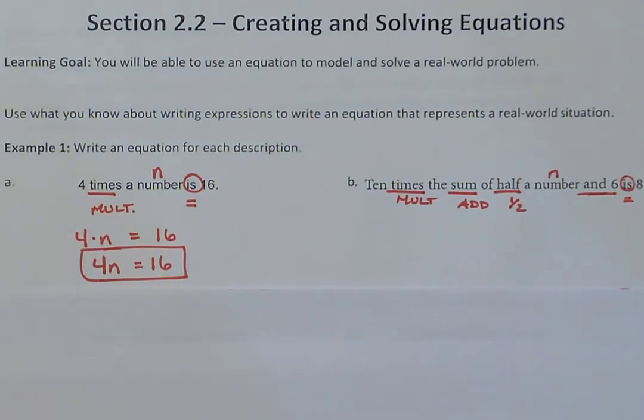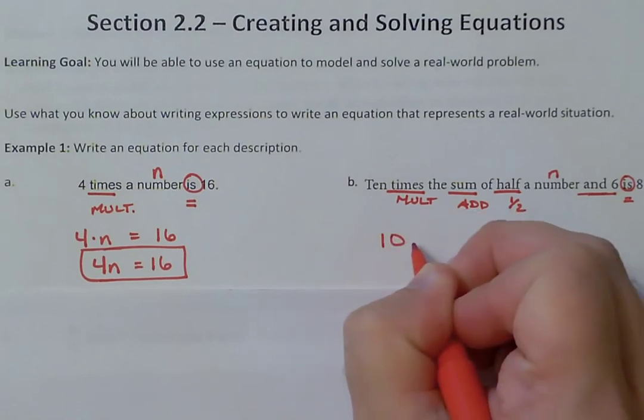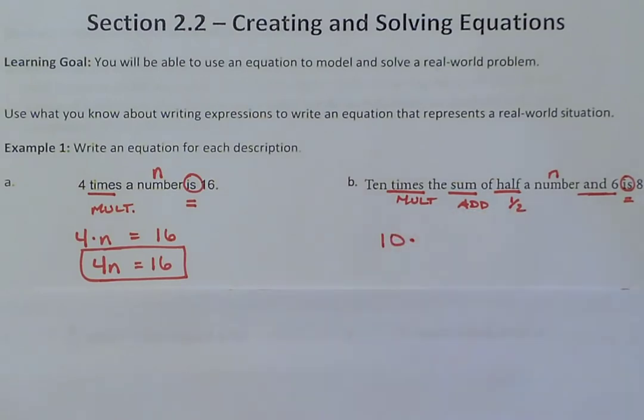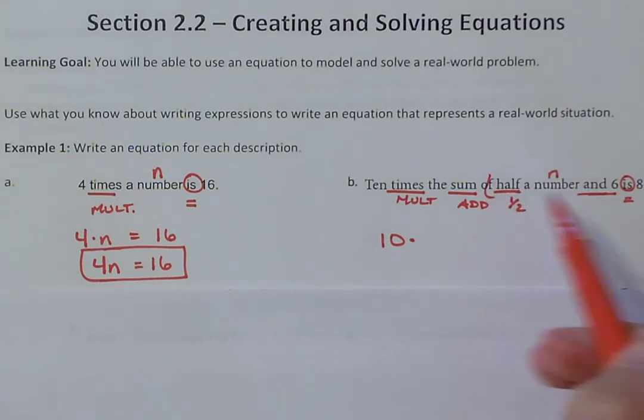So 10 times the sum of half a number, n, and 6 is 8. So 10 times is the first part. Now it talks about 10 times the sum of half a number and 6. So sum means that we need to go through and add this part first before we can multiply.